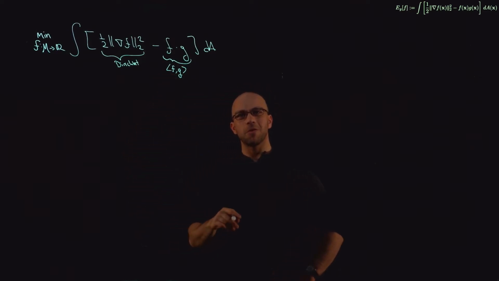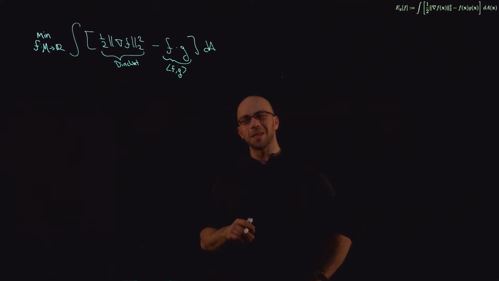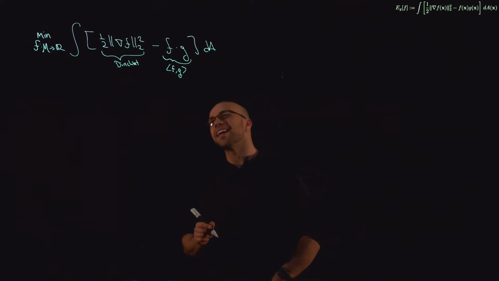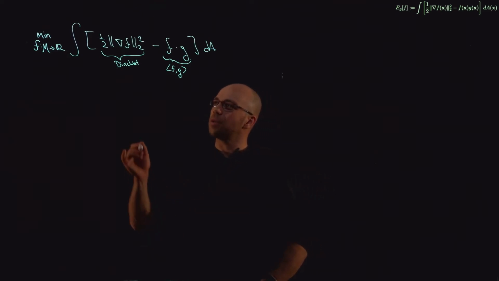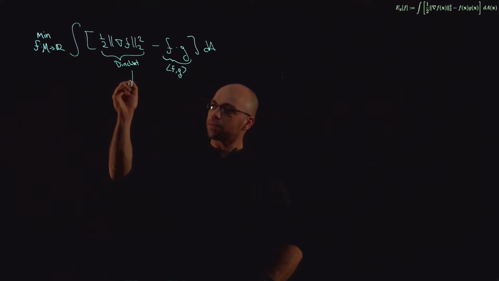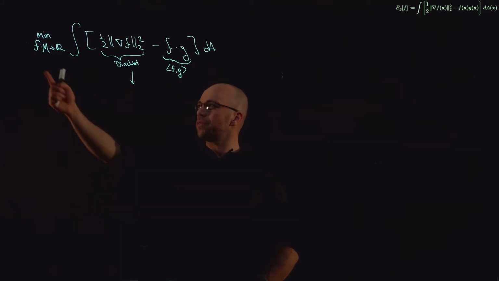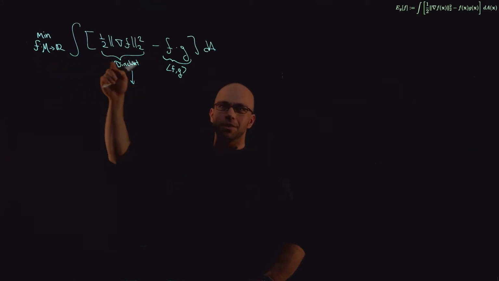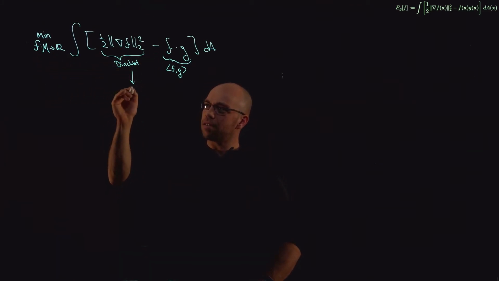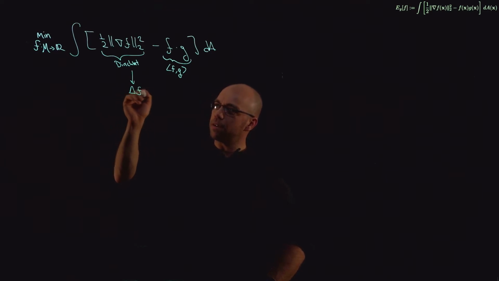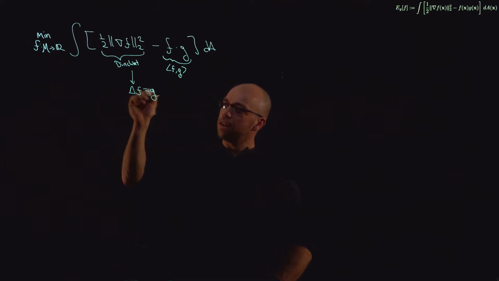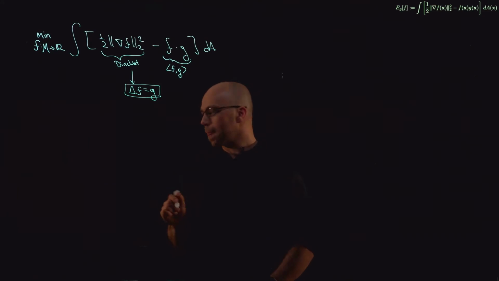So at this point in this course, we've computed variational derivatives a million times. I'm not going to do it again for this problem. But essentially what you'll end up finding is that the local optimality conditions, like take the derivative with respect to f and set it equal to 0, are going to lead us to the Poisson equation, Laplacian f equals g, if we do this in theory.